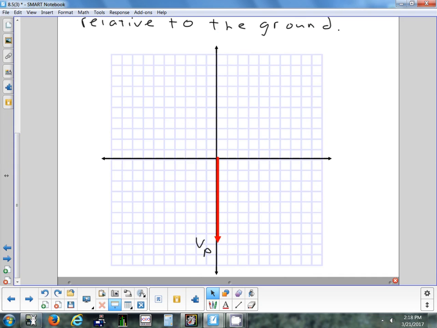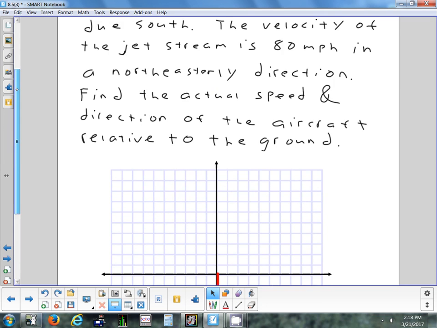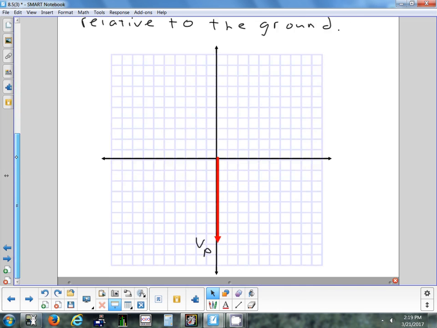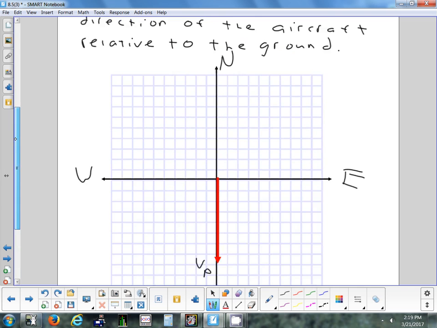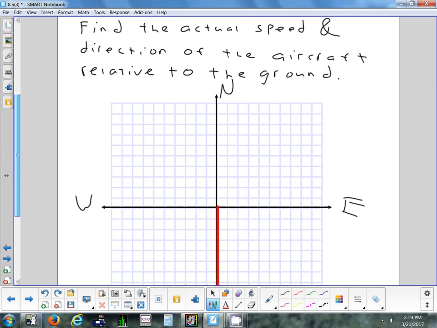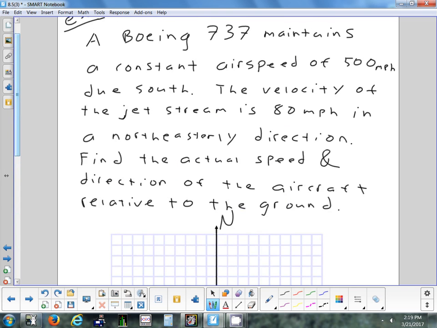Okay, and now I'm going to put in the jet stream. The jet stream is blowing northeast. If you're looking at it, this is east, that's north, west, and south. The jet stream is not as fast as the plane. It's only 80 miles an hour, so I'm going to draw it a little shorter.